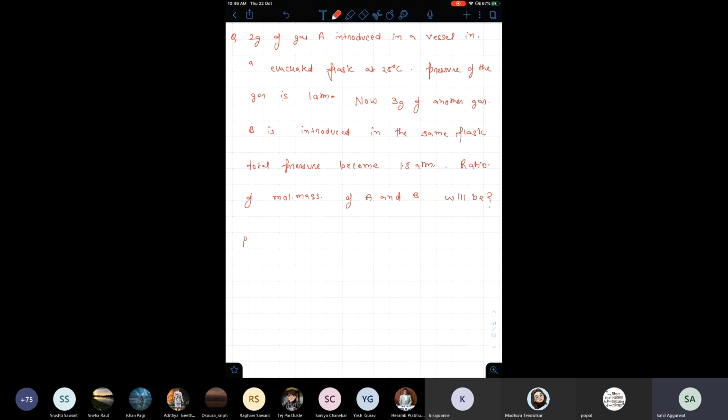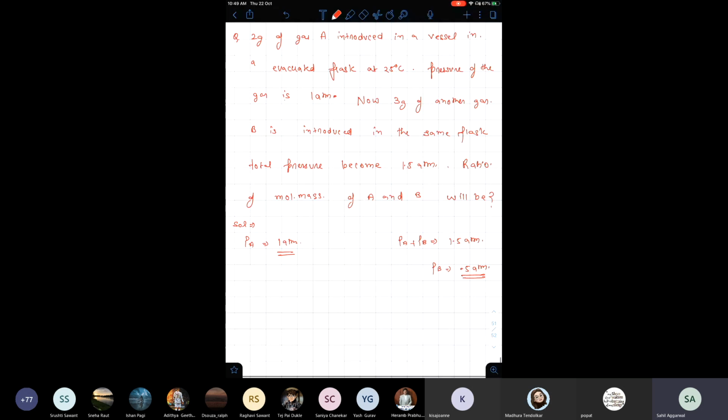Now the pressure of gas A is given as 1 atmosphere and Pa plus Pb is 1.5 atmosphere. That means the pressure of B is 0.5 atmosphere, right? We want the ratio of molecular masses.